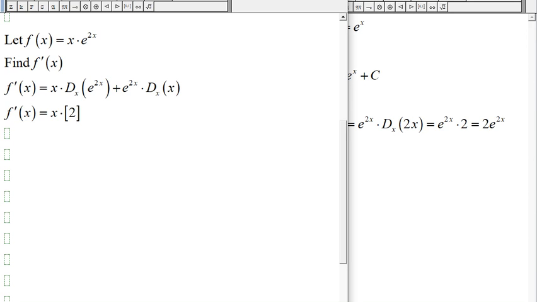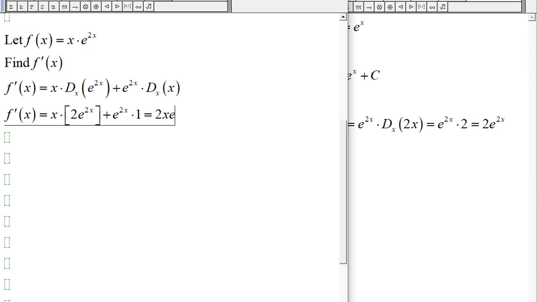So here we get x times 2e to the 2x, plus e to the 2x, times the derivative of x, which is just 1. And so altogether we get 2x e to the 2x plus e to the 2x.